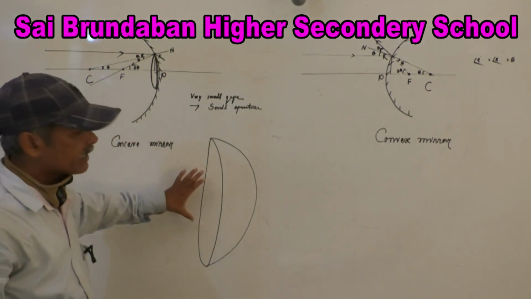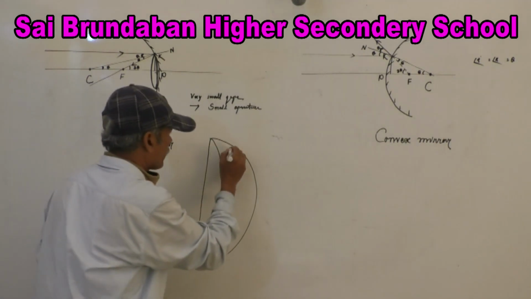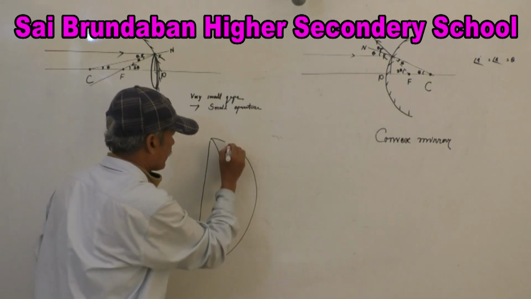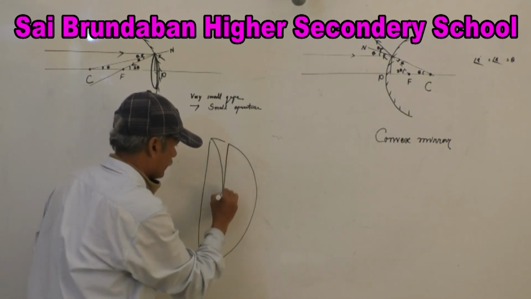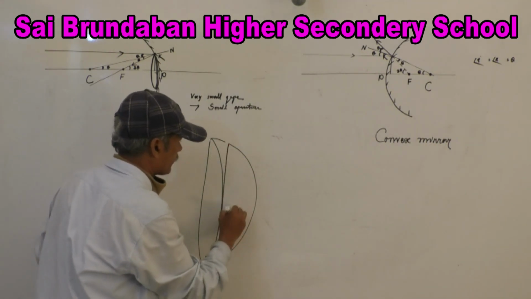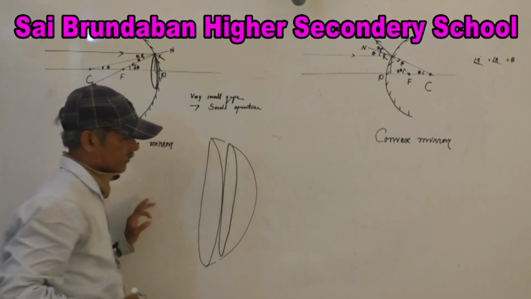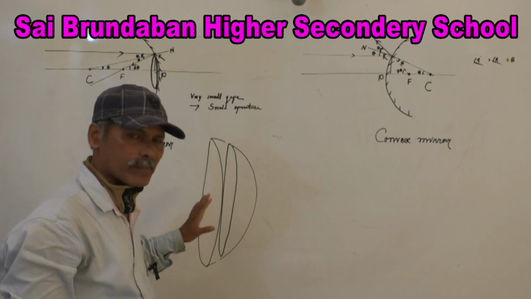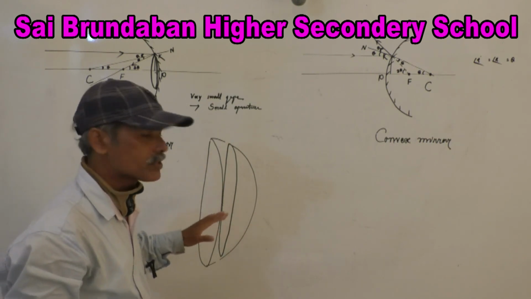This is a big aperture. Gradually, the aperture of the mirror is reduced.